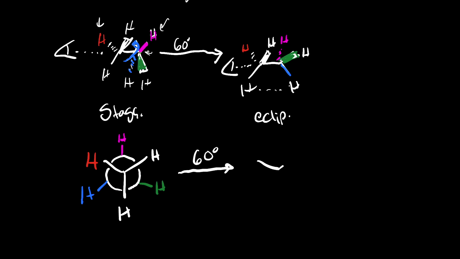Again with the propeller, hydrogen, hydrogen, hydrogen. Let's go back to white. And then the back carbon. All right, and then the back carbon, what we see is that red overlaps with the pink. And this white overlaps with the green.